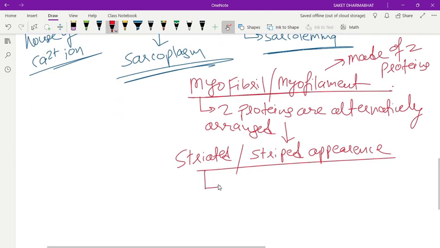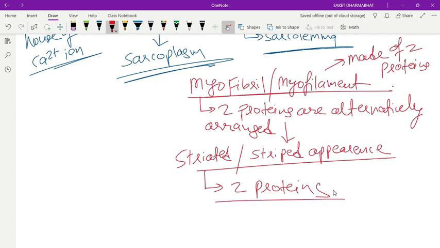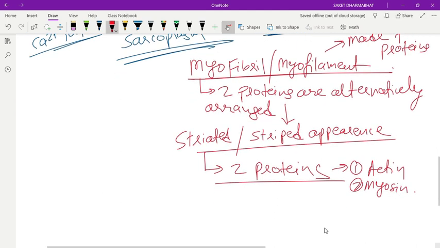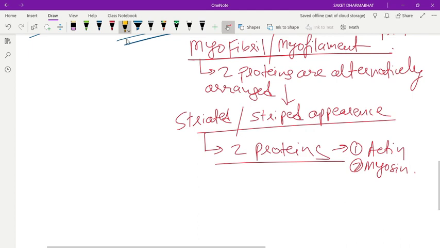The names of those 2 proteins are actin and myosin.